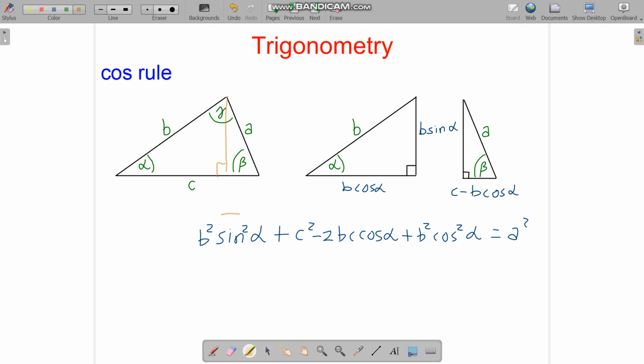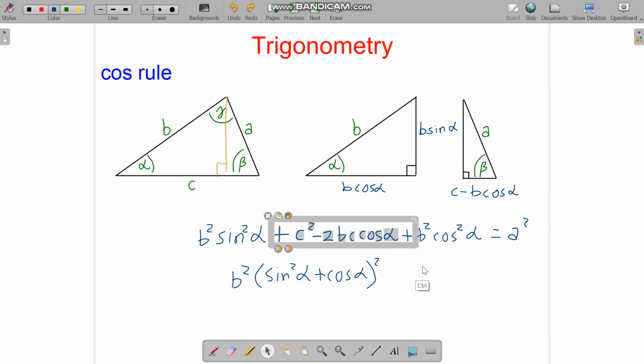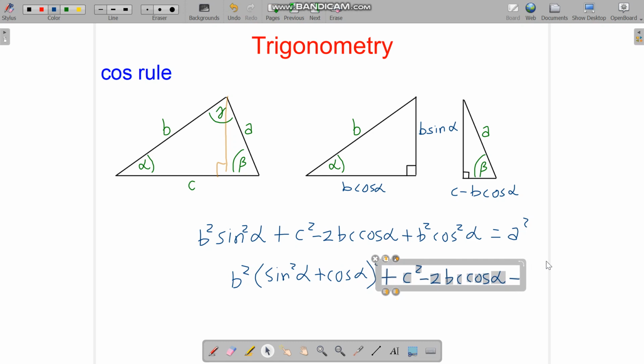Now b squared sine squared plus b squared cos squared is the same as b squared times sine squared plus cos squared. We factor out the b squared, and sine squared plus cos squared is simply 1. I'm just rewriting this part, and it's still equal to this.